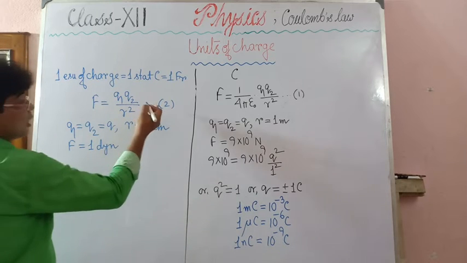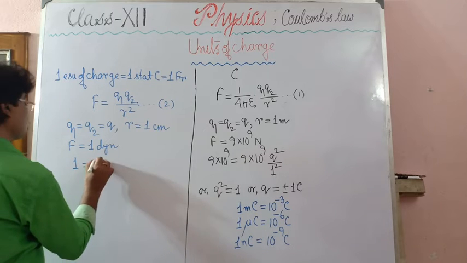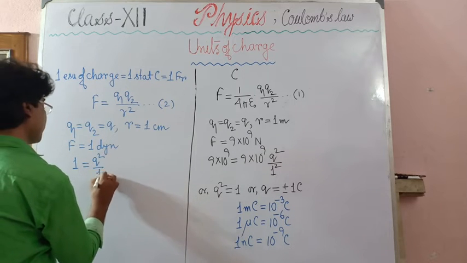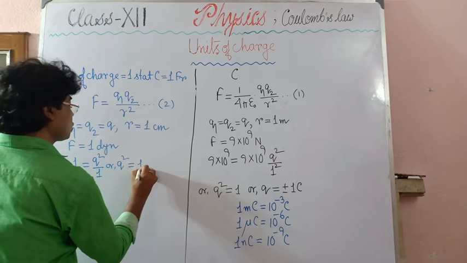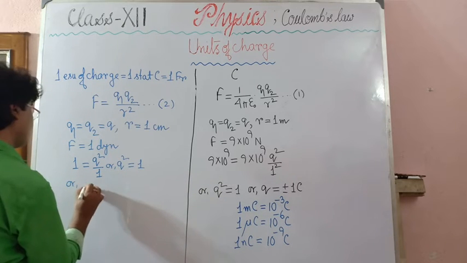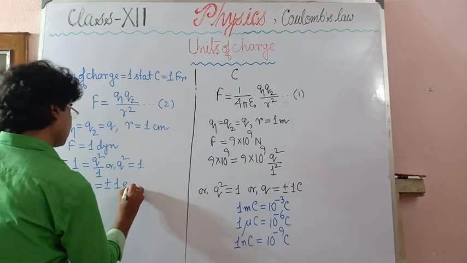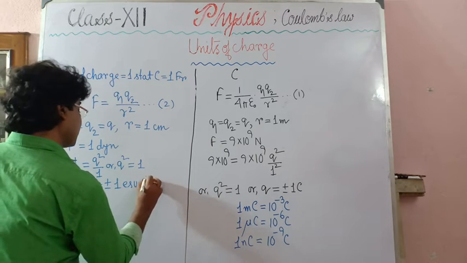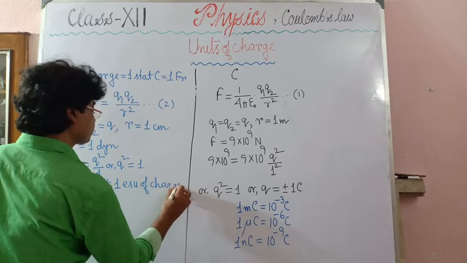From equation 2, we get 1 equals Q square by 1, or Q square equals 1, or Q equals plus minus 1 ESU of charge.